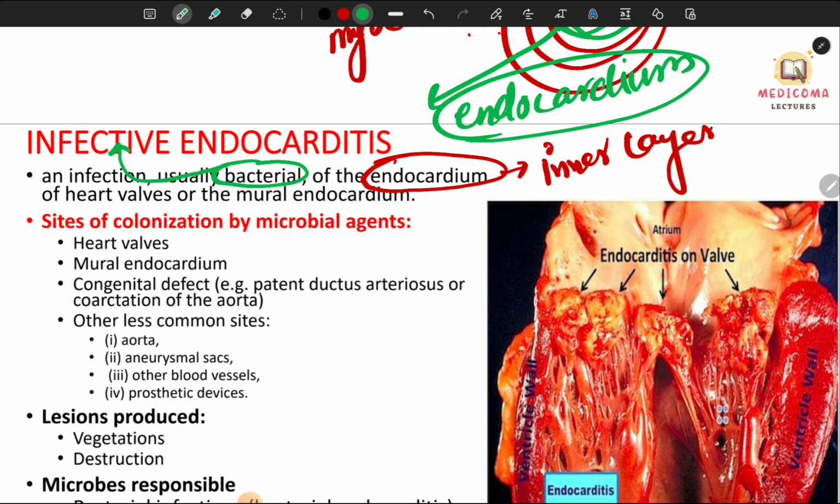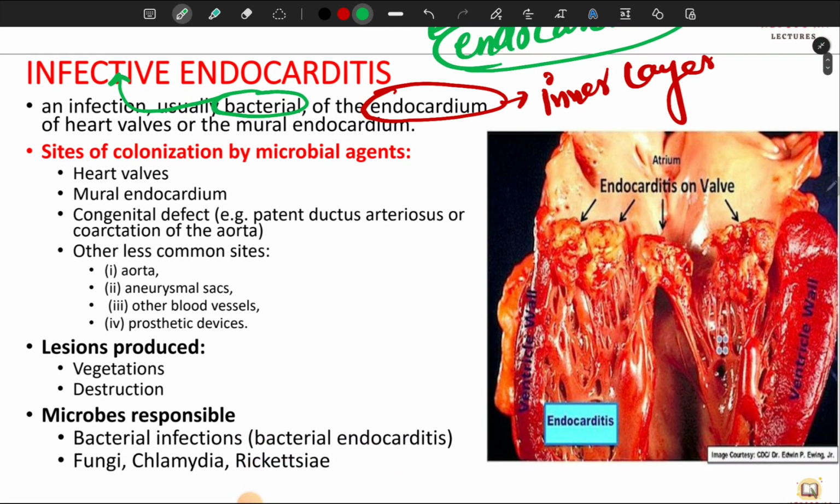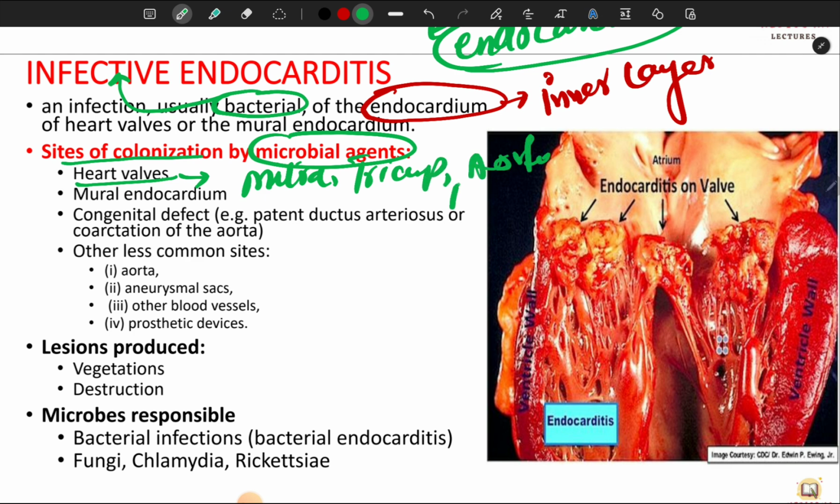And what are the most common sites involved in infective endocarditis, which is caused by microbial germs? These are the heart valves. What are those valves? They can be mitral, tricuspid, aortic, and pulmonary valves. Mural endocardium means the whole endocardium can be involved.